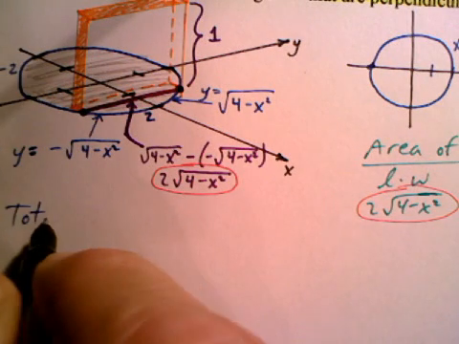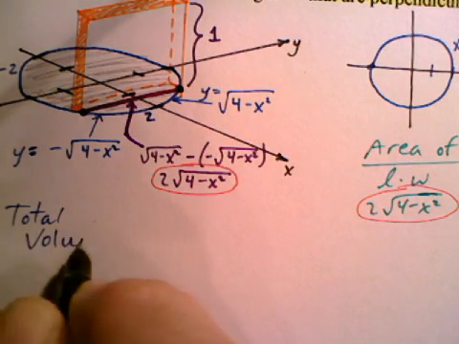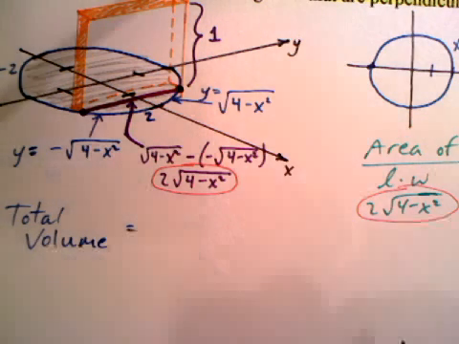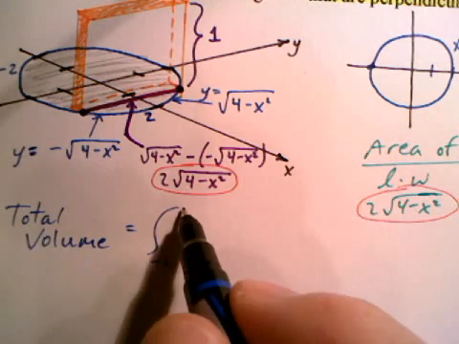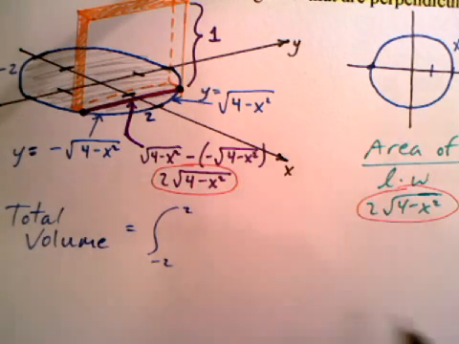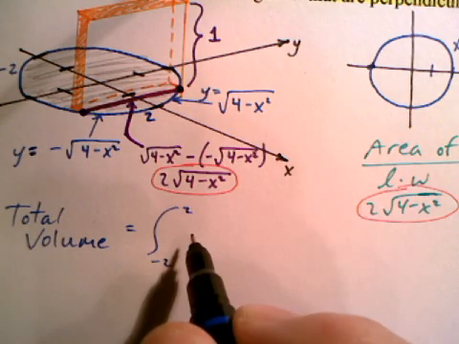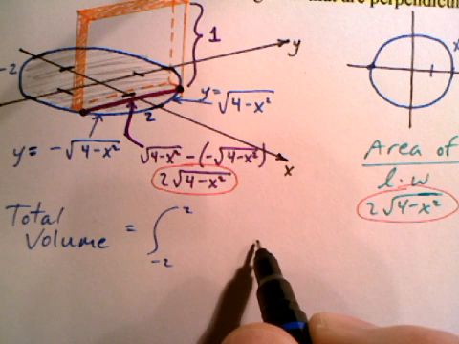Total volume equals perpendicular to the x-axis, so we're going to be integrating with respect to x, all the way from -2 to +2, the area of the face multiplied by the thickness of that cross section.